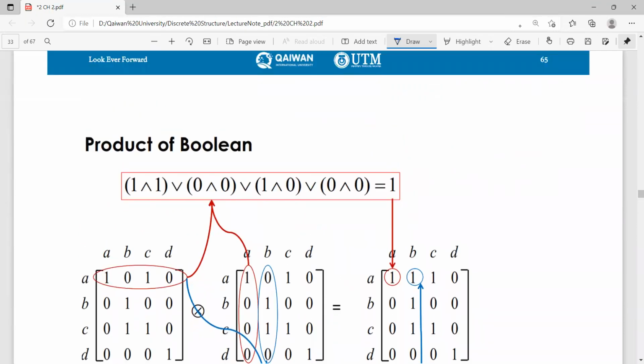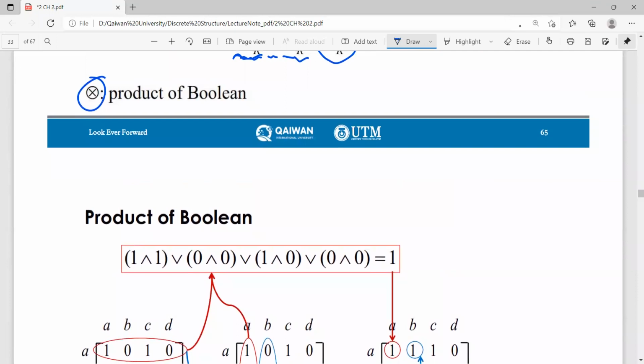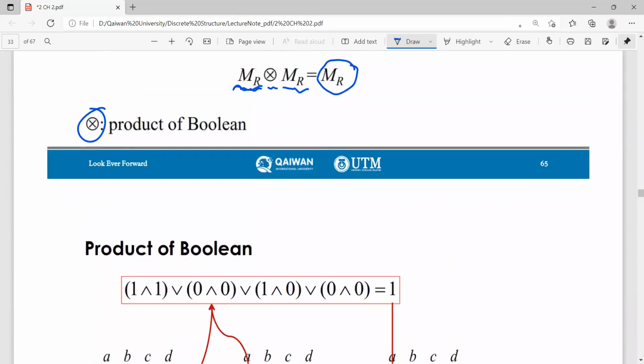Let's take a smaller matrix. Instead of 4 by 4, we are going to take a 3 by 3 matrix, because 2 by 2 is not suitable for transitive. Let's say we have 1 0 0, 1 1 0, 0 0 1.